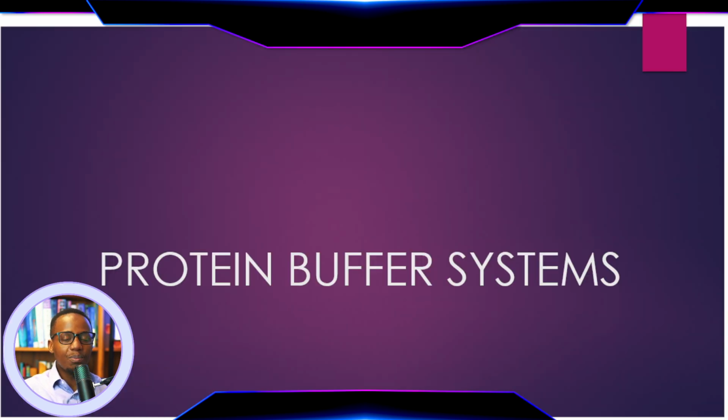Now, let's look at the protein buffer systems. We have a bunch of these. There are these proteins that are really abundant in the blood and in the body, and they carry out this role of buffer systems.